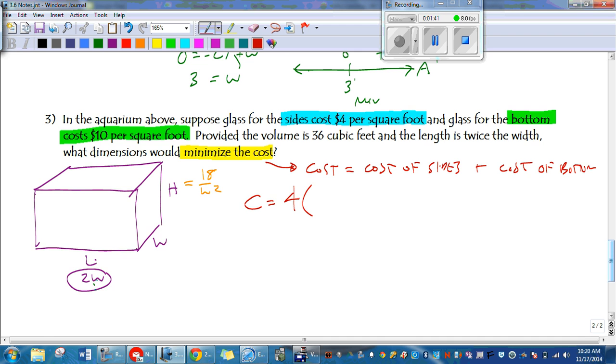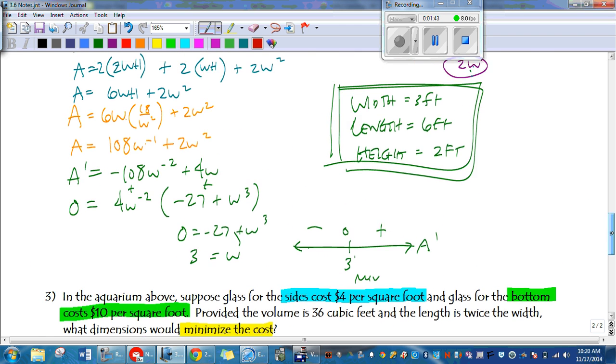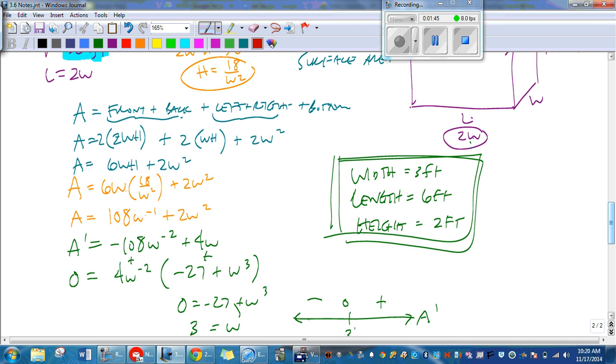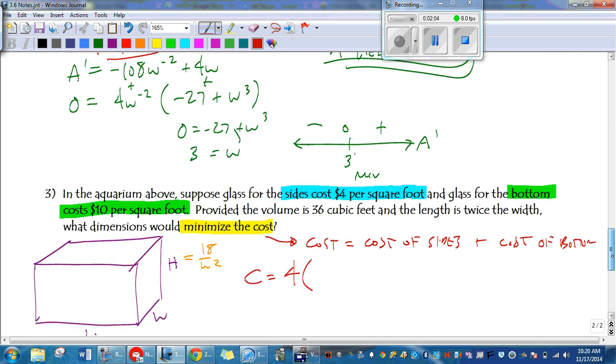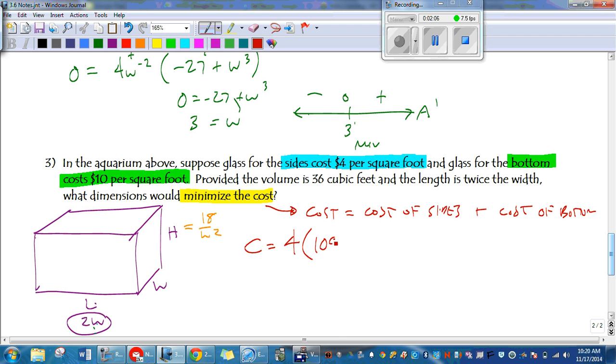So we kind of figured that out in the last problem. Right, the front, the back, the left, the right, all of that, those are the area of the sides. All of that ended up giving us 108 times w to the negative first. And when we figured that out, those area of the sides came out to that. So we have 108 times w to the negative first.